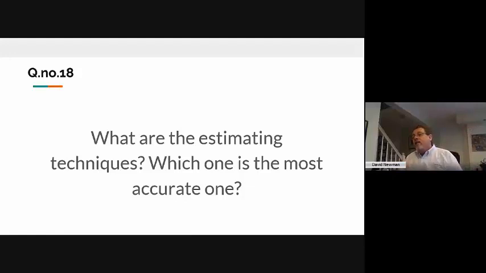So we have that. Then we have the bottom-up estimate, and that's talking about taking the bottom level, the work package level of the work breakdown structure, and estimating at that level and then rolling that up. And the way to make that more accurate is to break it down into more and more detailed chunks, because it's easier to estimate the time a task will take if that task is smaller, and the closer in that task is to you in time.